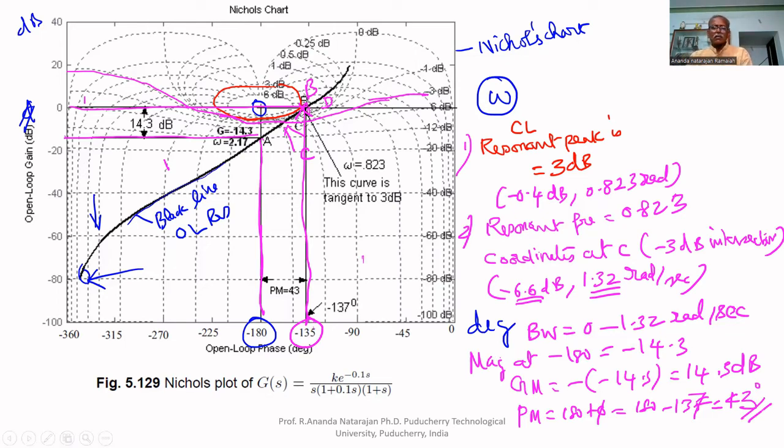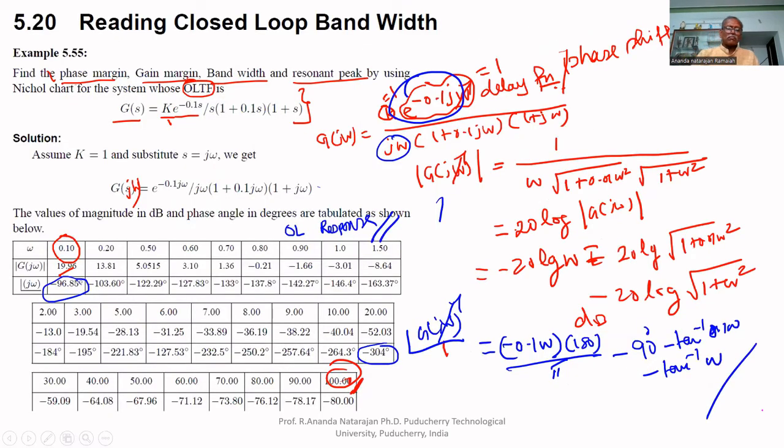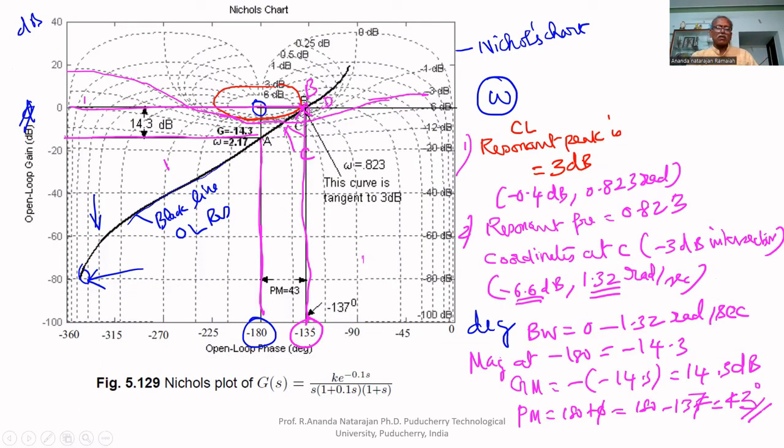That's all. So let us review what we have to do. We have to obtain the open loop response for the given open loop transfer function. Plot this on Nichols chart. You will get Nichols plot. Then find the M circle which is tangent to this magnitude plot.